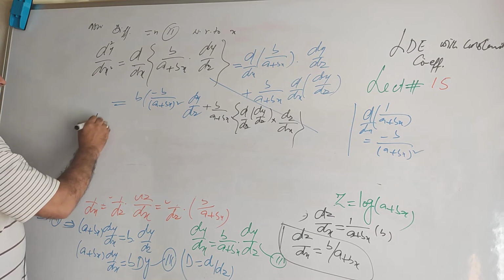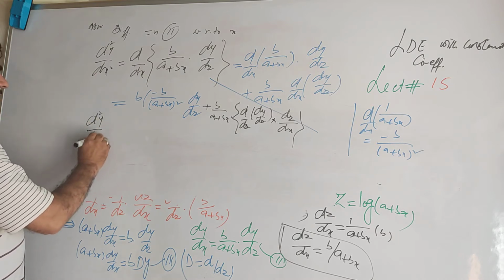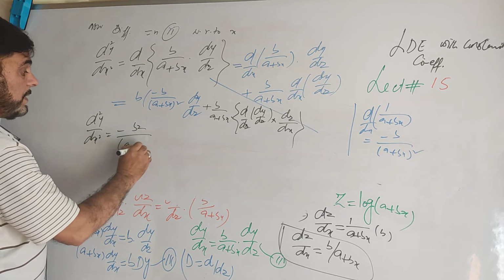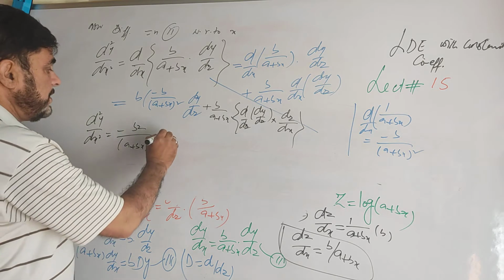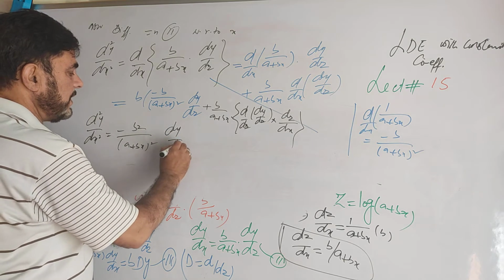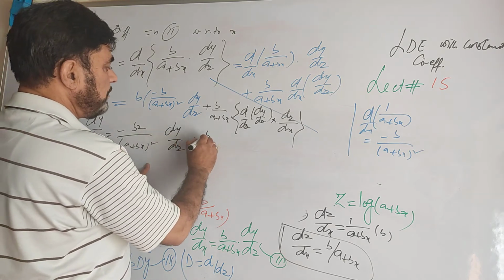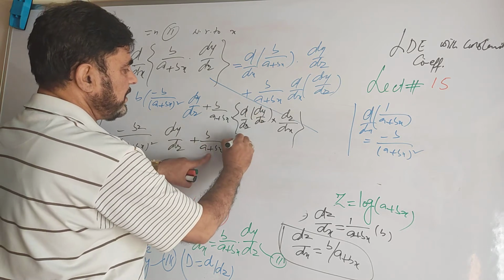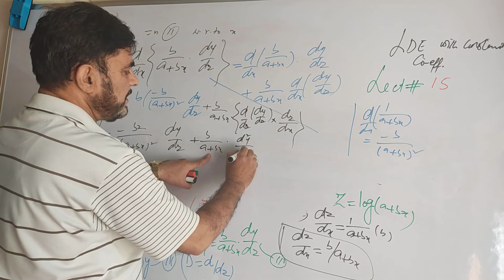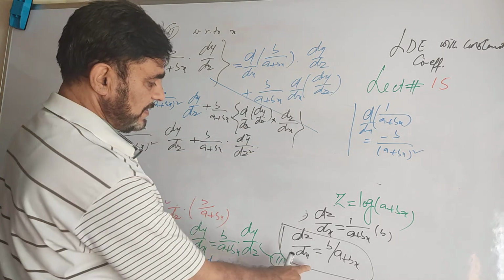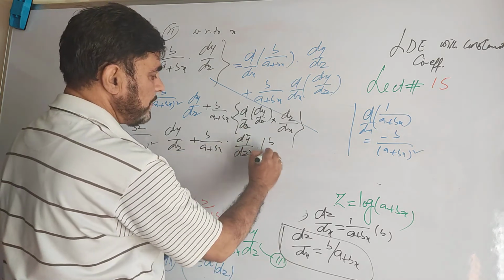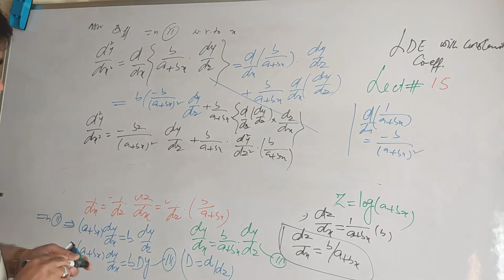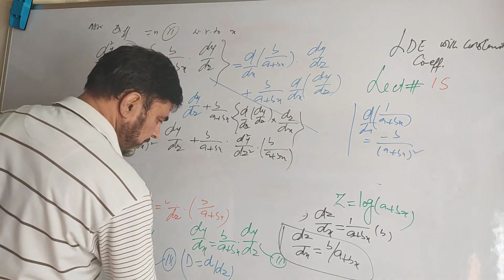This is your d2y by dx square is equal to minus b square by (a plus bx) whole square dy by dz, then plus b by (a plus bx) into d2y by dz square. What is d by dz? It is b by (a plus bx). The value of b by a is dz by dx. Okay.